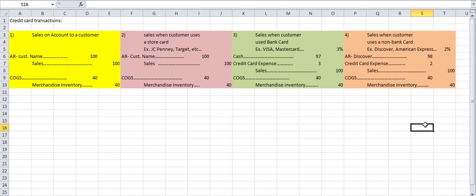However, American Express or Discover is now the customer that we will then bill, and we'll probably end up accumulating all of our Discover receipts and probably mail them maybe once a week, and then when we get the money, we'll debit cash and we'll credit the accounts receivable.